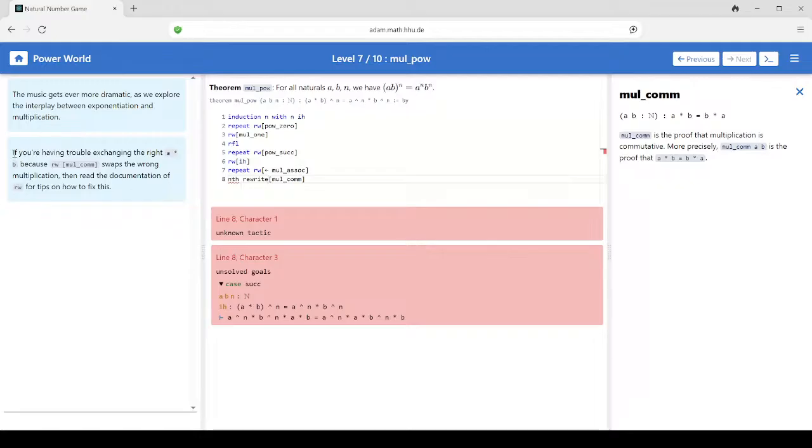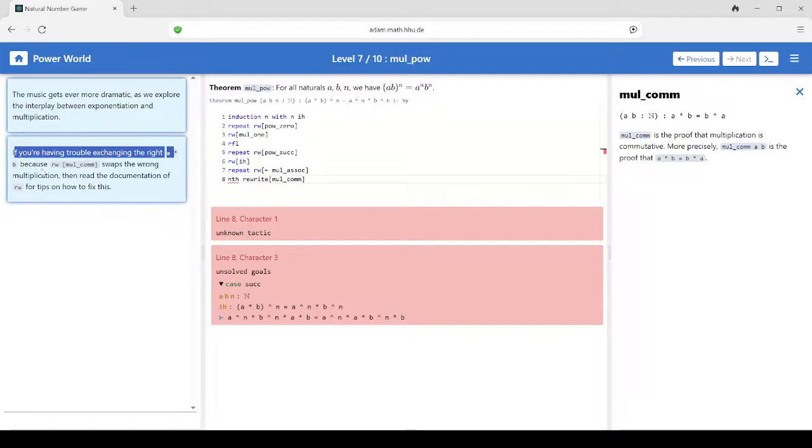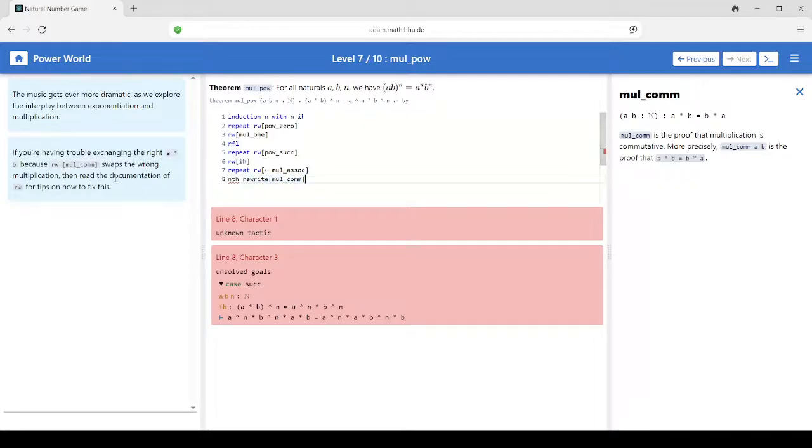Oh, this is probably where the message comes in. If you're having trouble exchanging the right a times b because rewrite swaps the wrong multiplication, then read the documentation for rw for tips on how to fix this.